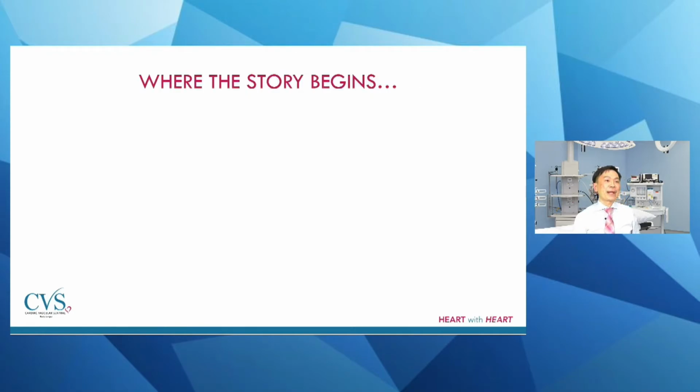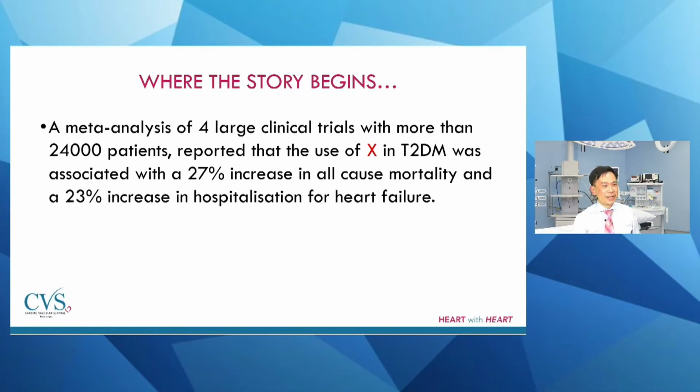Coming back to the beginning of our story, a meta-analysis of 4 large clinical trials, more than 24,000 patients, reported that the use of X in type 2 diabetes was associated with an increase in all-cause mortality and 23% in hospitalization for heart failure.